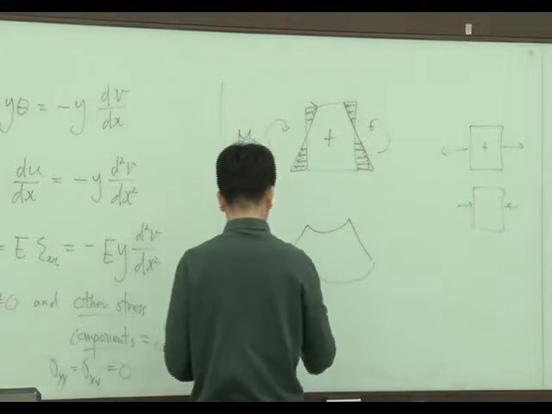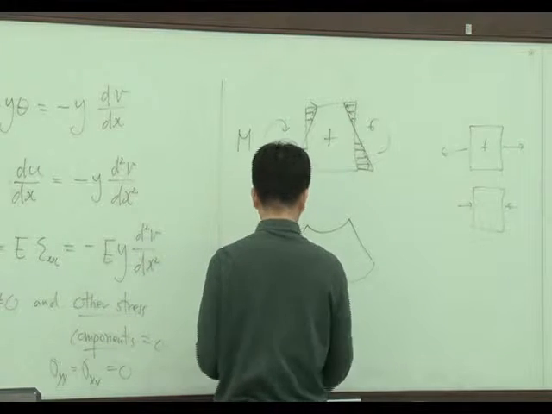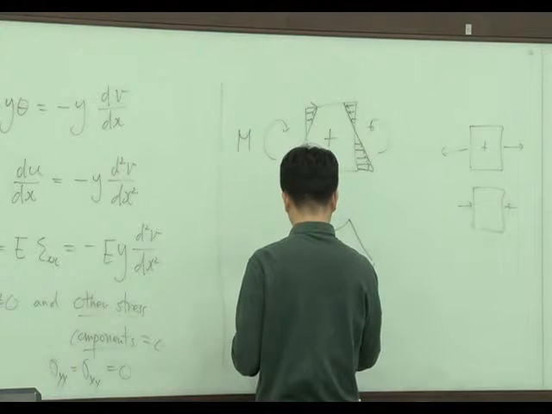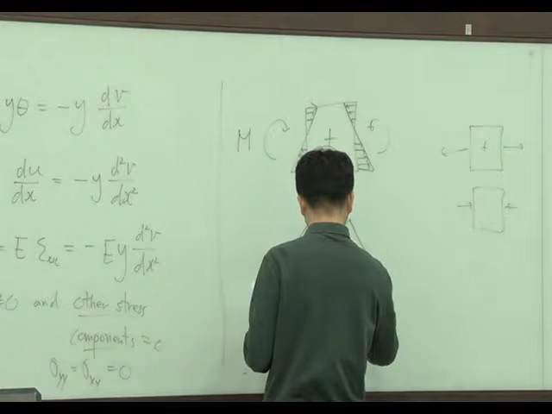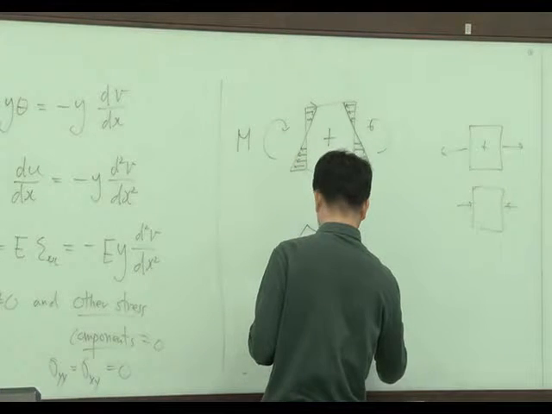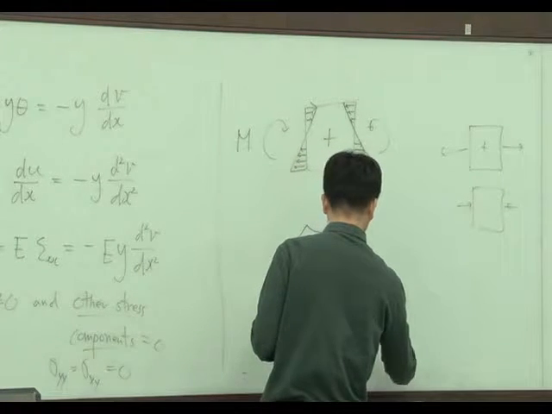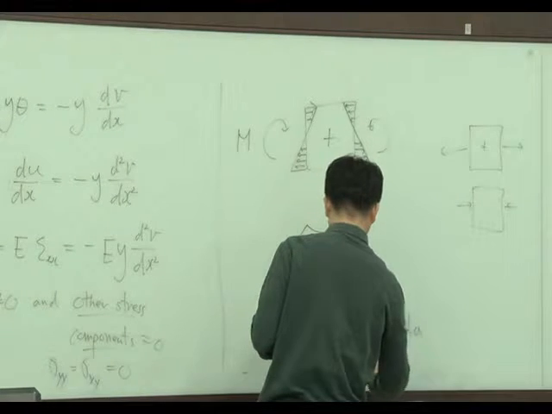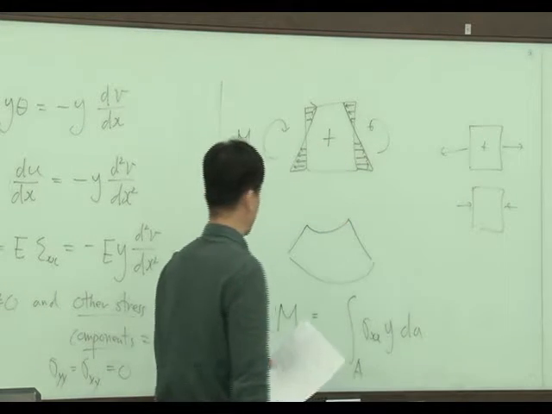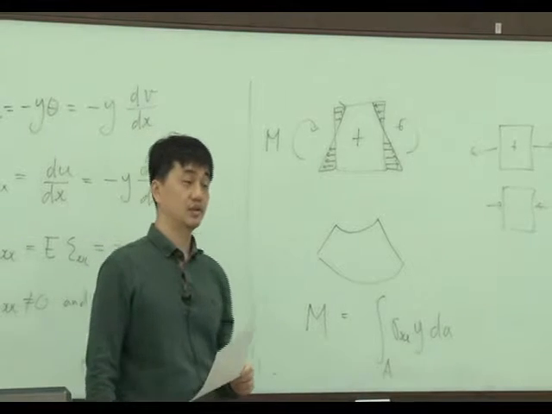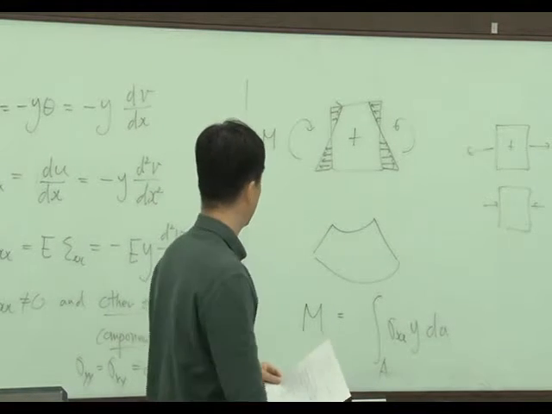So moment M equals minus the integral of stress xx y dA over the cross section A, right? This is the reduction formula. You remember?